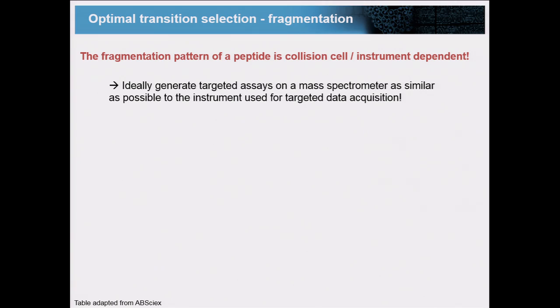What you should always remember is that the fragmentation pattern of peptides is very dependent on the collision cell and the instrument. We always try in our lab to work as closely as possible between the two, so we get libraries or assays on the same machine on which we're going to do the final measurements, so that we can have the best match between the two.